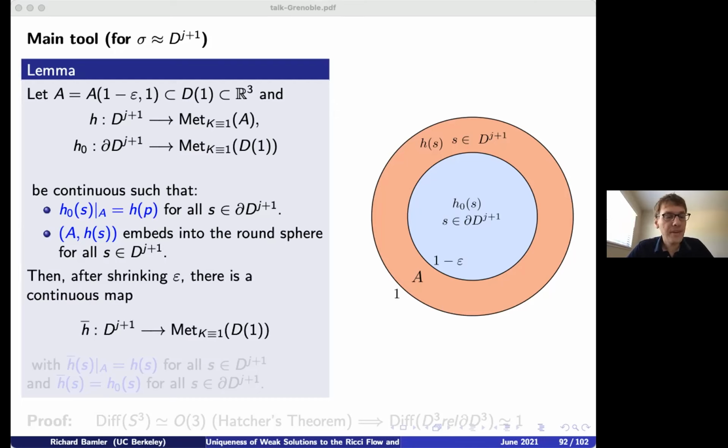And then the statement of the lemma is that after shrinking epsilon, there's a continuous map H bar (I should probably have called it H hat, sorry) of metrics parameterized by the entire J plus 1 disk, and defined on the entire 3 disk, such that H bar restricted to the annulus is equal to H, and such that H bar is equal to H naught for all S in the boundary of the J plus 1 disk.